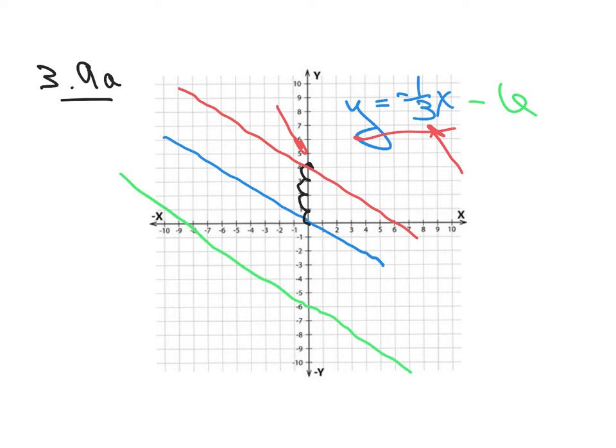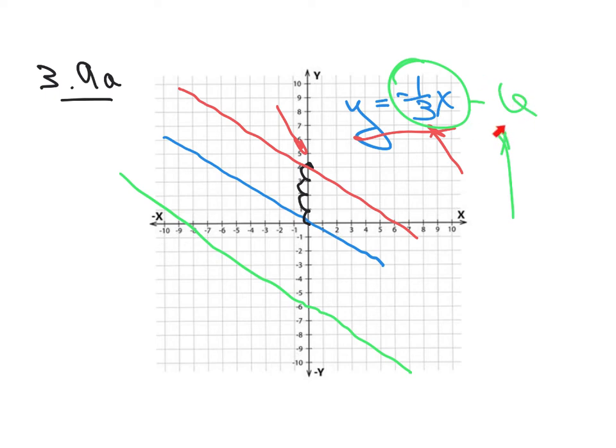So that gives you an idea of what this looks like when you change the number that is added or subtracted to the x. Now again, it doesn't matter what number is in front of this x. It's still going to give me a straight line. This number here tells me the slope, the angle of the line.